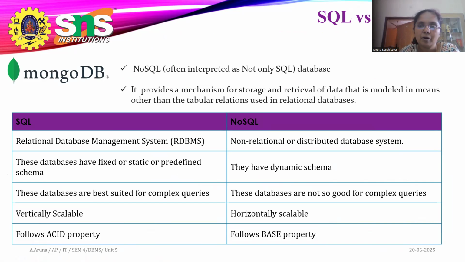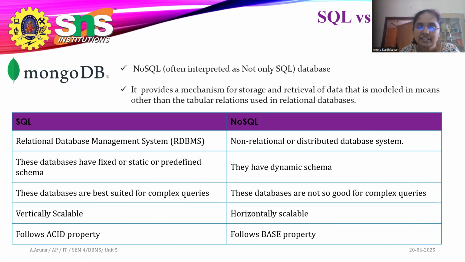What do we mean by MongoDB? MongoDB is nothing but NoSQL, which we can call not only structured query language, because it is also one of the mechanisms by which we can store and retrieve data within a certain model.